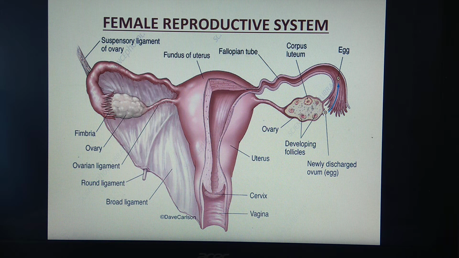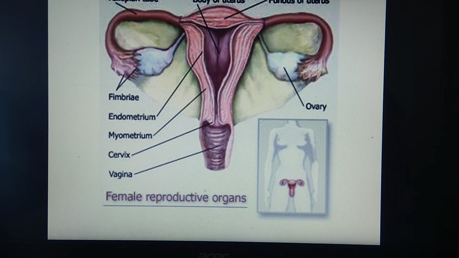We will see the position of the ovary, where these ovaries are situated. It is situated in the upper lateral part of the pelvis near the kidneys. So what is the meaning of upper lateral part of the pelvis? We will see another diagram. In this diagram you can see this is the female body. This part is called the pelvis region.